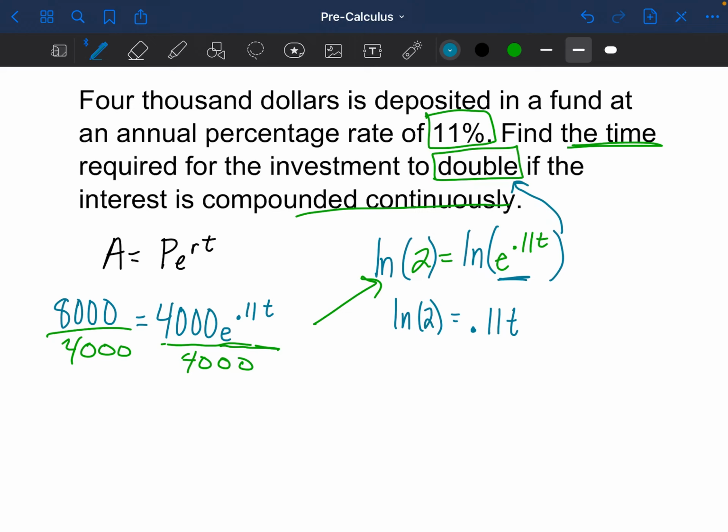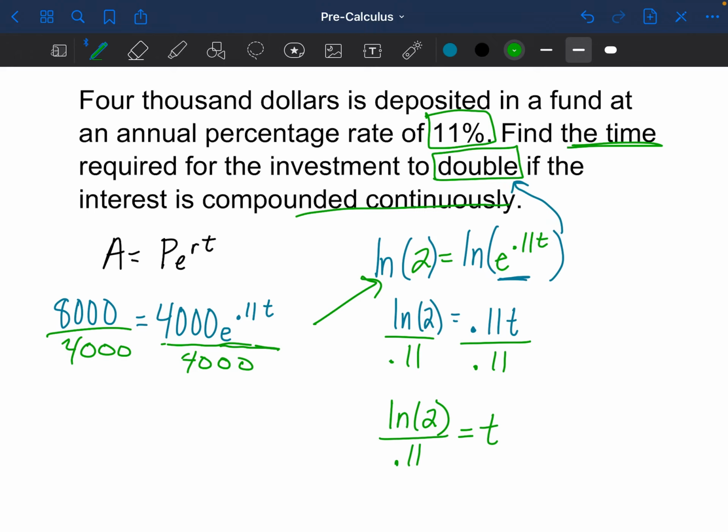Final thing, solve for t, we've got to divide by 0.11 on both sides. And we get ln of 2 divided by 0.11 equals t. This is technically the exact answer, but a lot of times I don't know what exactly that means for time, how much time that's going to take.